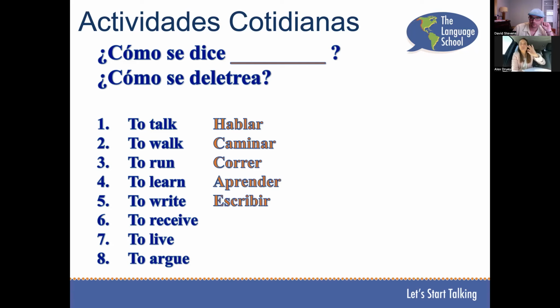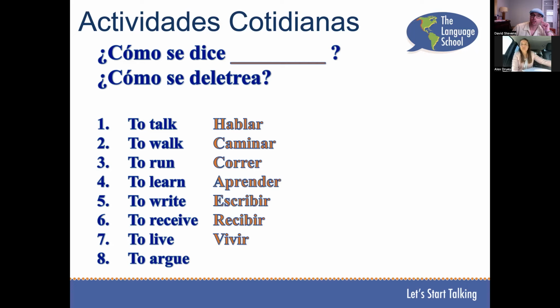Recibir. Muy bien. ¿Cómo se deletrea? Recibir. R. E. C. I. B. I. R. ¿Cómo se dice to live? Vivir. ¿Cómo se deletrea? V. I. V. I. R.